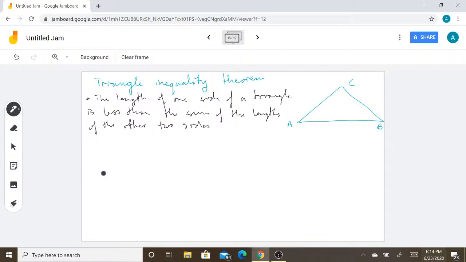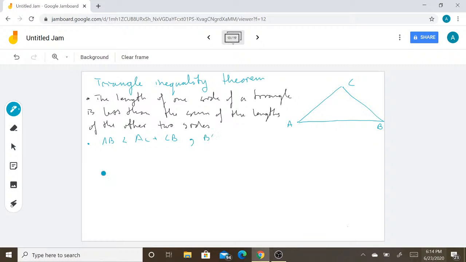So in this triangle ABC, basically AB is less than AC plus CB.